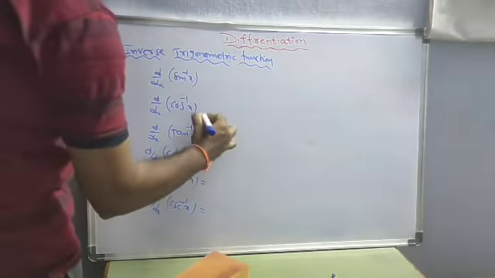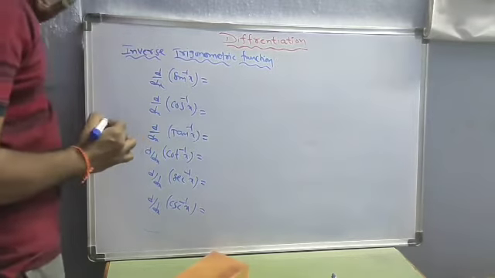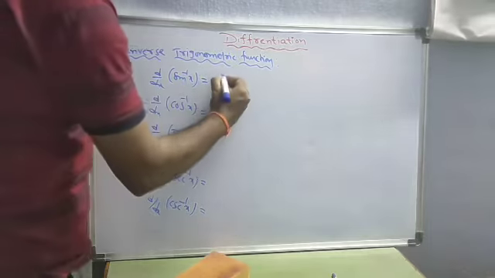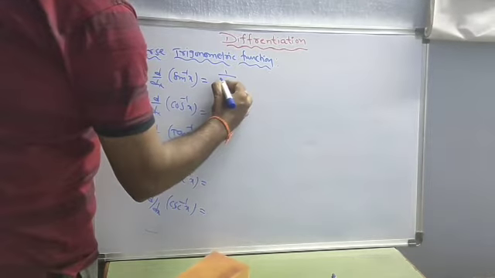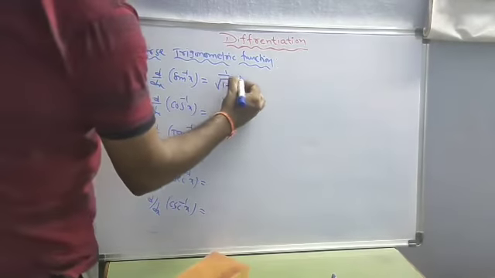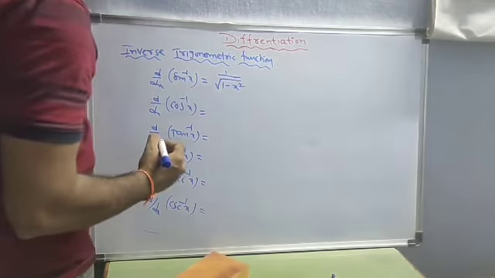For these formulas, d by dx of sin inverse x equals 1 by square root of 1 minus x square. So this is our formula.